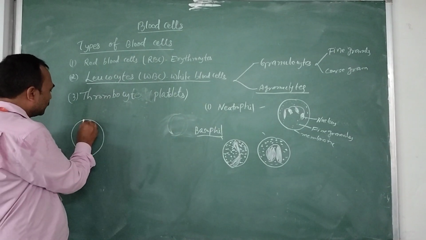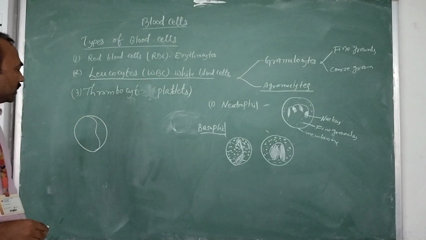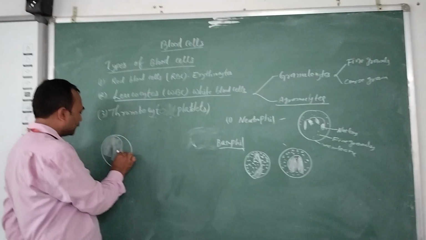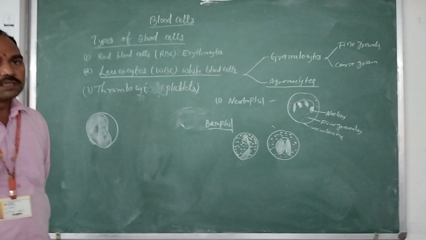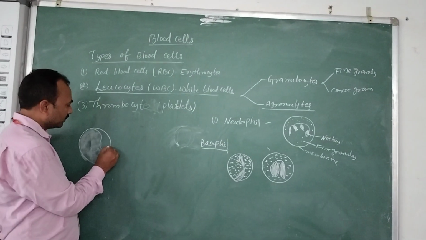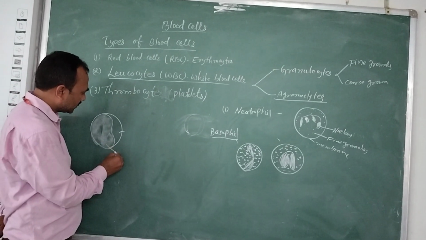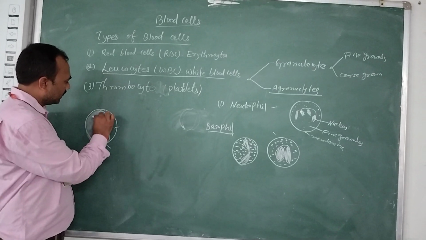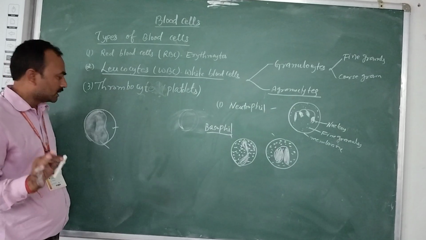Their nucleus is about 1/3 of the cell, and the cytoplasm is less, and the nucleus covers almost 80% of the cell.